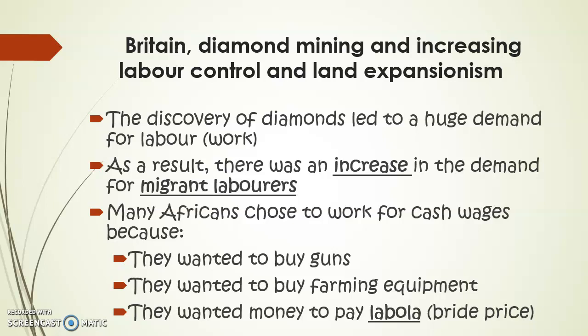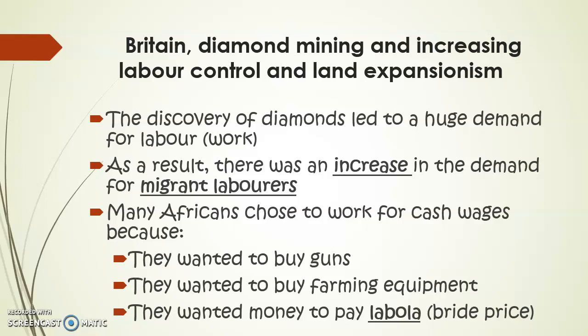But with the arrival of Europeans into South Africa, it opened up a new way, and new things that they could do. So the cash wages allowed them to buy guns, because remember, Europeans were the primary producers of the guns, so in order to get it, they would have to literally buy it with cash.